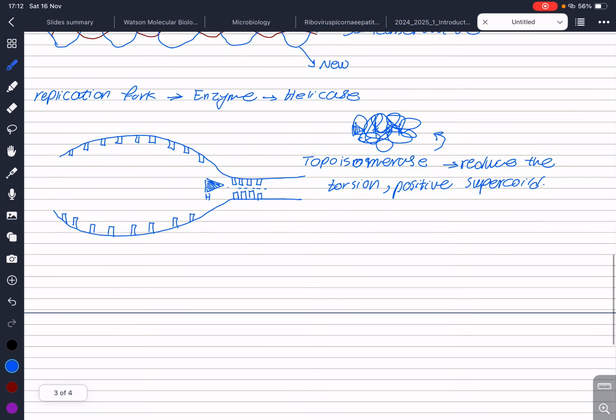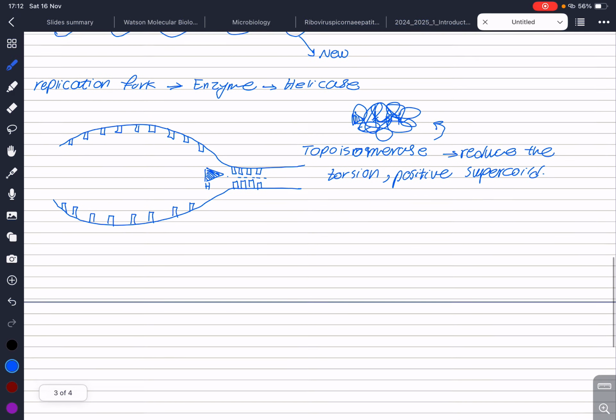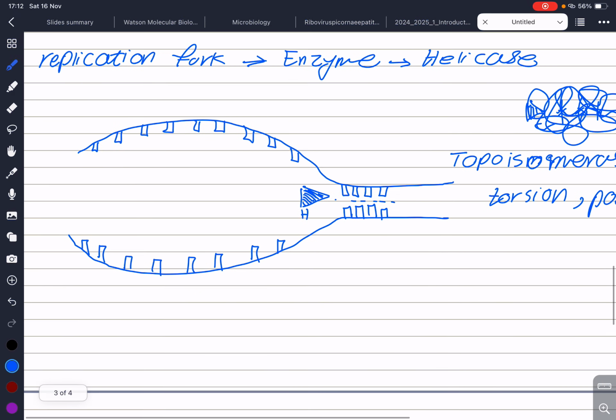Now, if we want to continue the replication, we should have a sequence that we call RNA primer. RNA primer is made of RNA nucleotides that will appear on the starting point of the DNA polymerase.